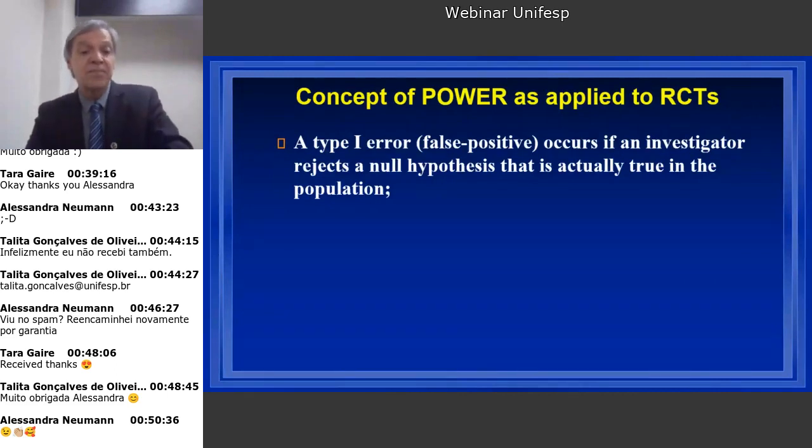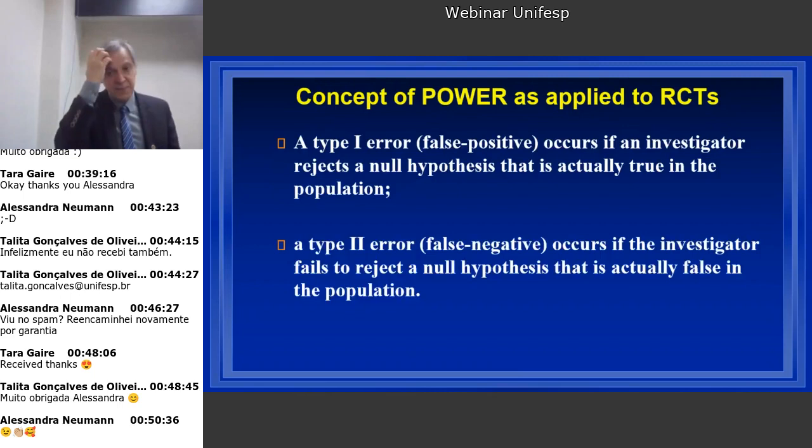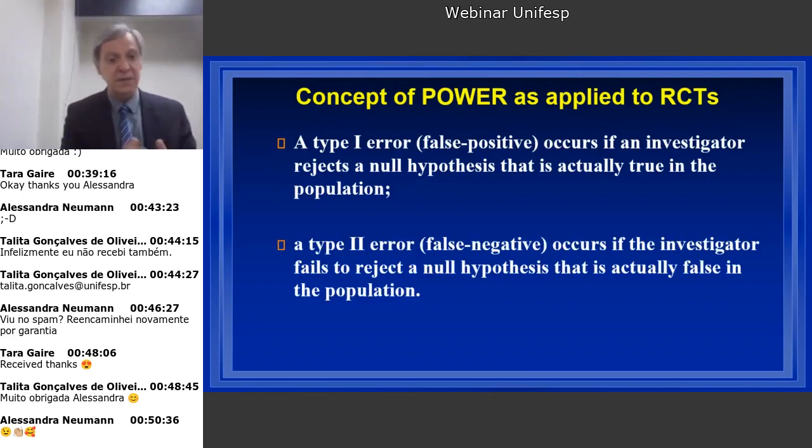If you violate the principle of type 1 error by doing intention to treat and all those things, don't do that. Type 1 error basically says, I reject the null hypothesis when the null hypothesis is actually true. So what do we do to prevent that? We set this limit at a very, very stringent level, and that's your alpha level. We will talk about that later, maybe. In the example I have exactly that.